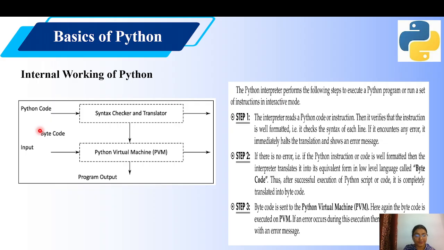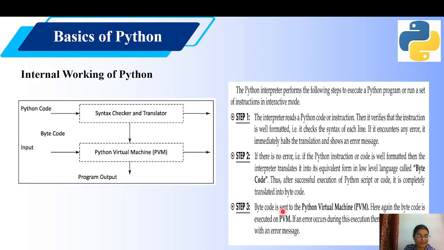And why do you think Python doesn't directly talk to our computer in English like syntax? Of course, because computer only understands low level instructions, not human readable code. So the bytecode is actually in the form of low level language, right? So it is actually a bridge.